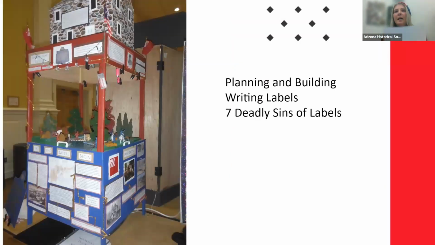Planning and building your piece. You're going to be writing labels. And I found 7 deadly sins of labels, and I'm going to share them with you. But first, make sure you connect the content of your design in your exhibit. Think about your colors and your shape and your symbols.